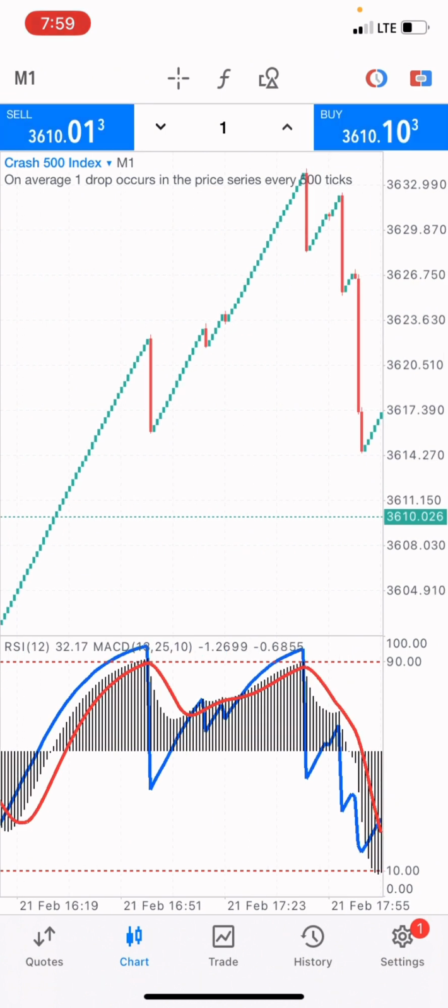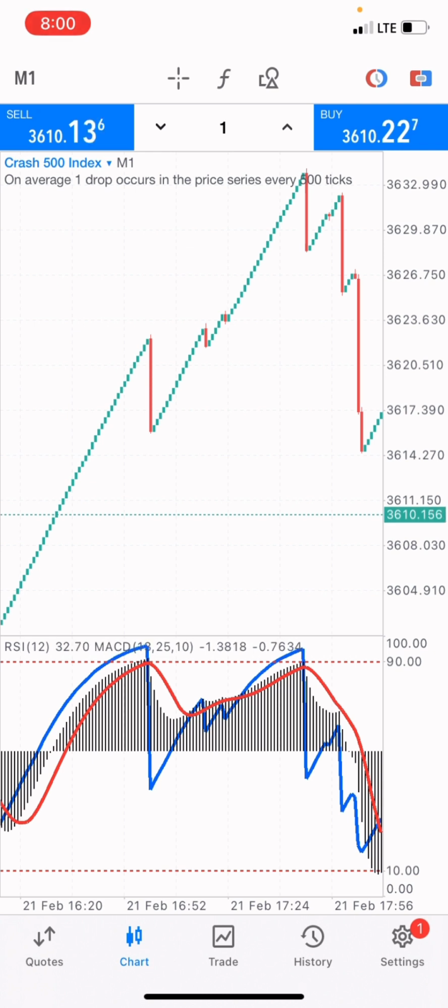So it's likely for a spike to happen immediately after 2 or 3 candlesticks on the crash 500 index. That's why it's best to scalp the market on the crash 500 and boom 500 index. When you want to catch your spikes, you can catch them perfectly on the 500 markets, like the boom 500 index and the crash 500 index market.